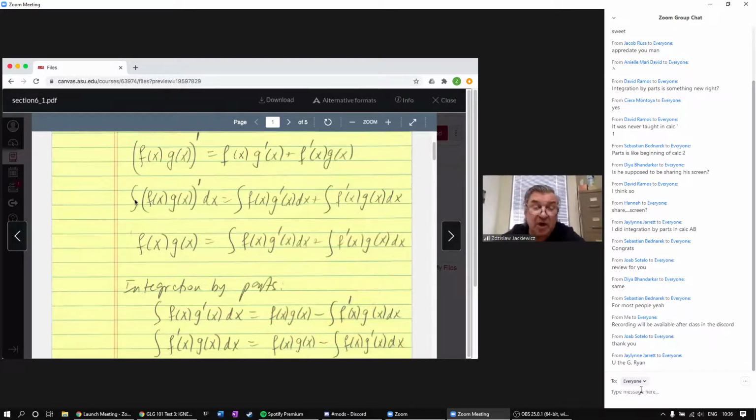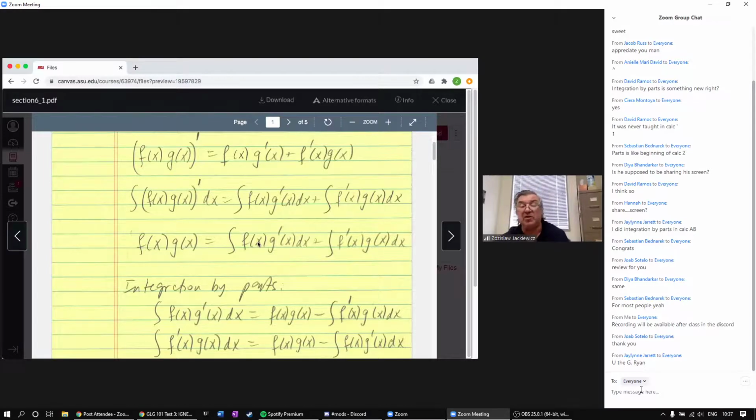Now, as you know, derivative and integral cancel each other. Integral is the inverse operation to derivative. So the integral of the derivative cancels, and what's left is the function under the integral. So f of x g of x is the integral of f of x g prime of x plus the integral of f prime of x g of x.